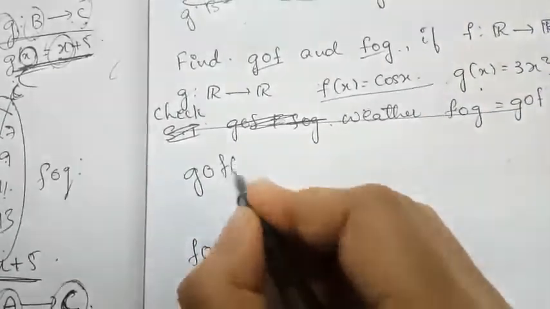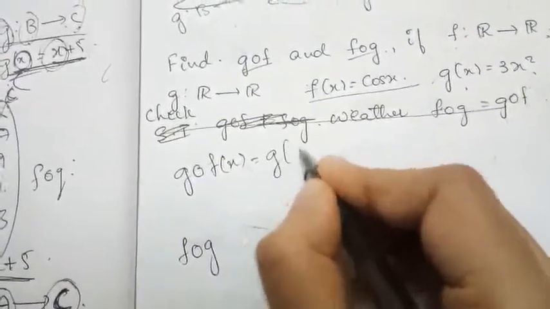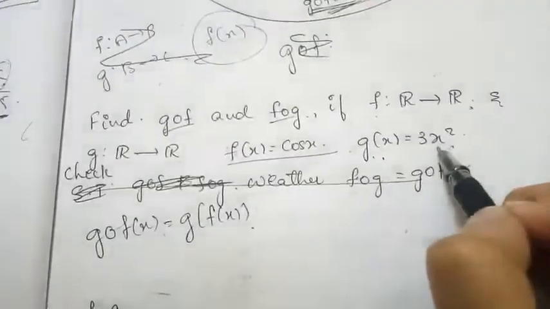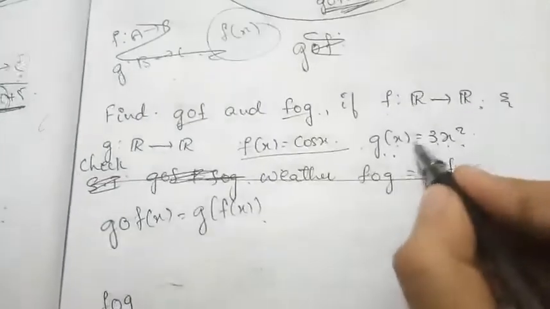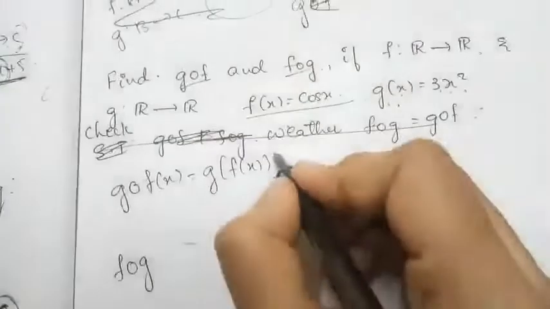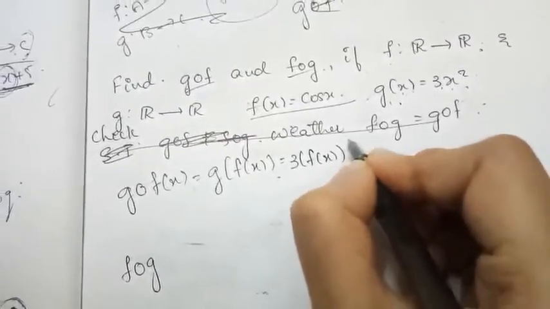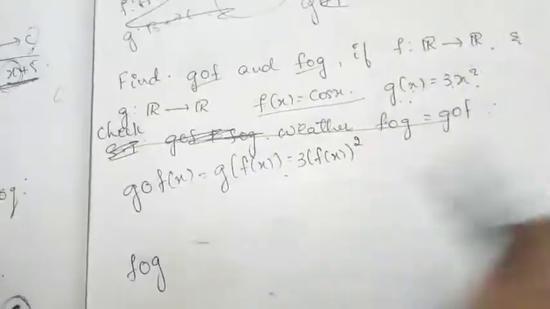So gof means what? G of f of x. It is written as g of f of x. So g of x is equal to 3x square, g of t is equal to 3t square. So g of f of x means 3 of f of x square. While putting the bracket, concentrate upon the brackets also.